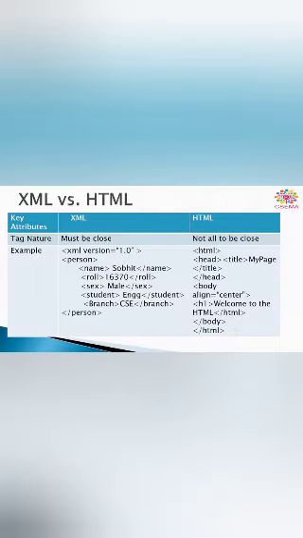Here roll number started, roll number closed, and all the details that all the tags that are used in XML must be closed. But in HTML it can be open. If we leave these tags are open, there is no any problems. And here is the example of XML file and the HTML file.